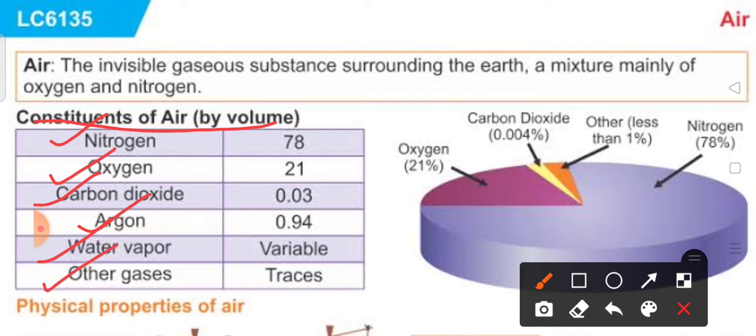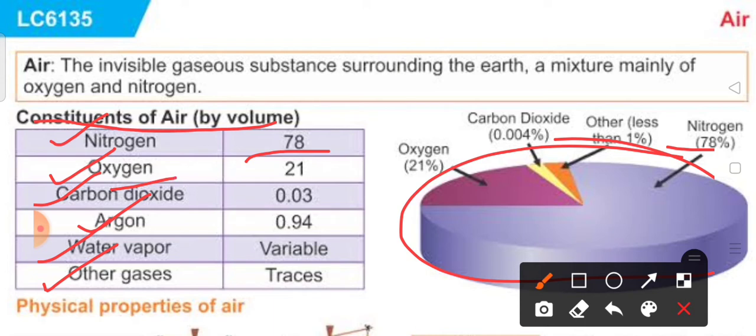In this pie diagram, we see that the percentage of nitrogen is more than any other gas. The percentage of nitrogen is 78%. After that comes oxygen, which is only 21%.